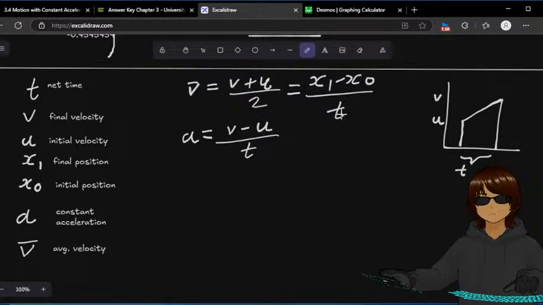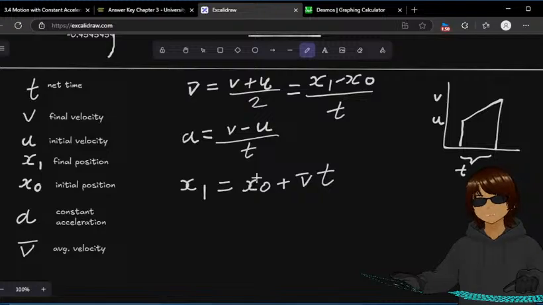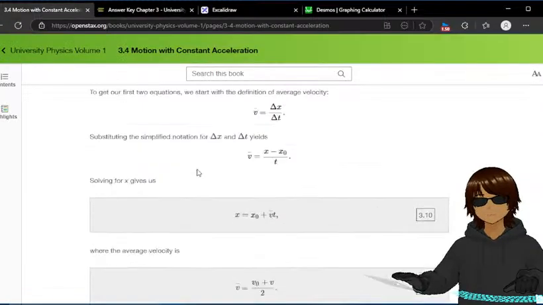So our first equation is, making x1 the subject, x1 is equal to this. This is our first one.